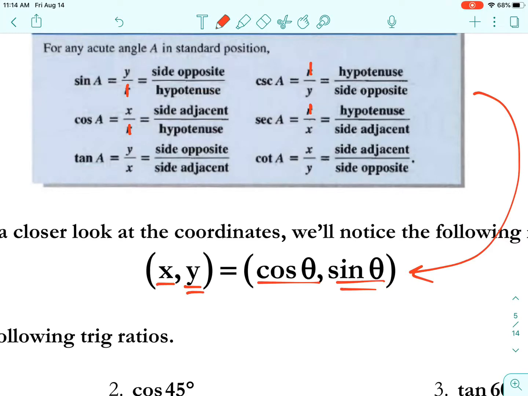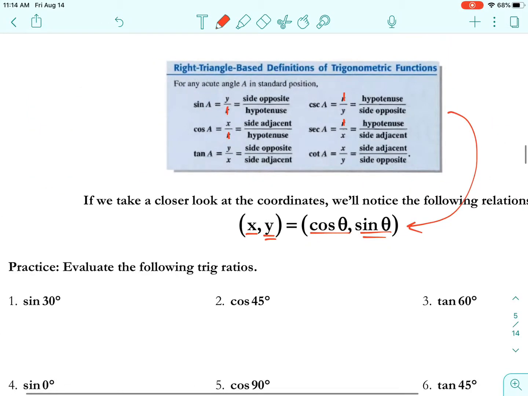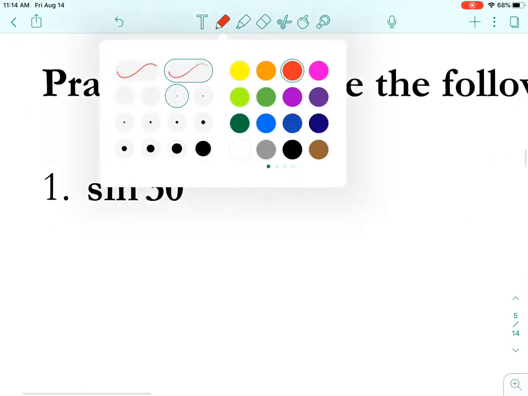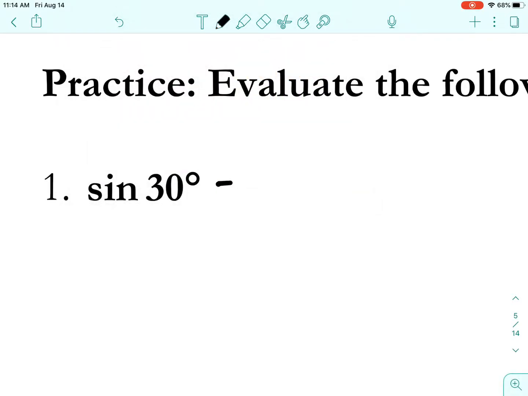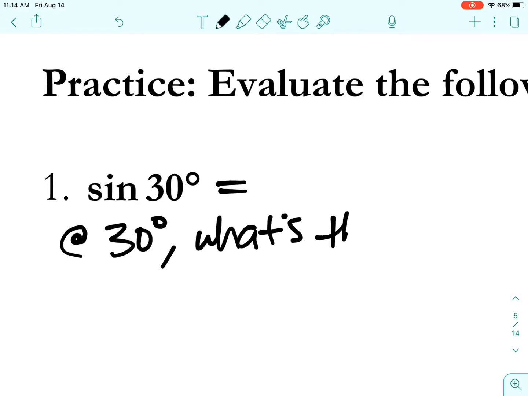So with that in mind, I want to show you what these examples look like. For the sine of 30 degrees, remember that sine is y over r, but r is 1. And so really the sine of 30 degrees is asking you, at 30 degrees, what's the y value? So these questions are actually really, really quick.